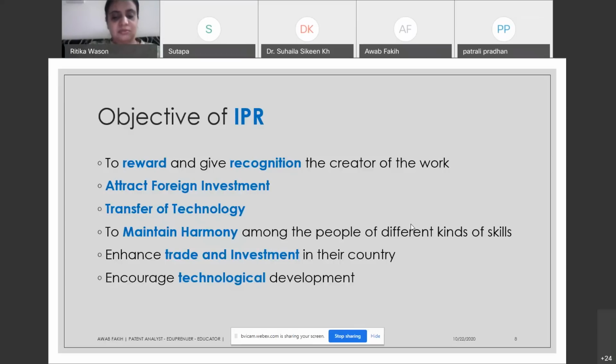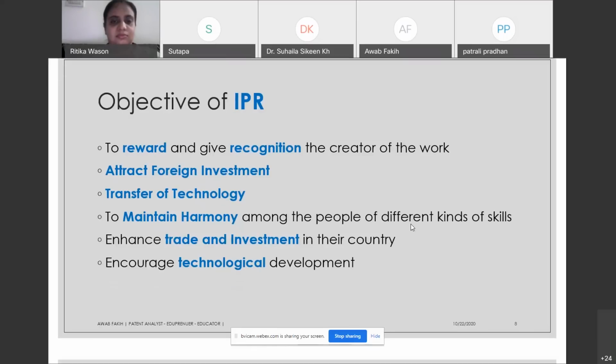We can also take benefits from international trade opportunities. The grant of any right, my friend, acts as an inspiration, or a catalyst, for further invention, which ultimately contributes to the technological development of any particular nation. And as everyone needs recognition and rewards for their creation, that's the reason IPR has been formed.